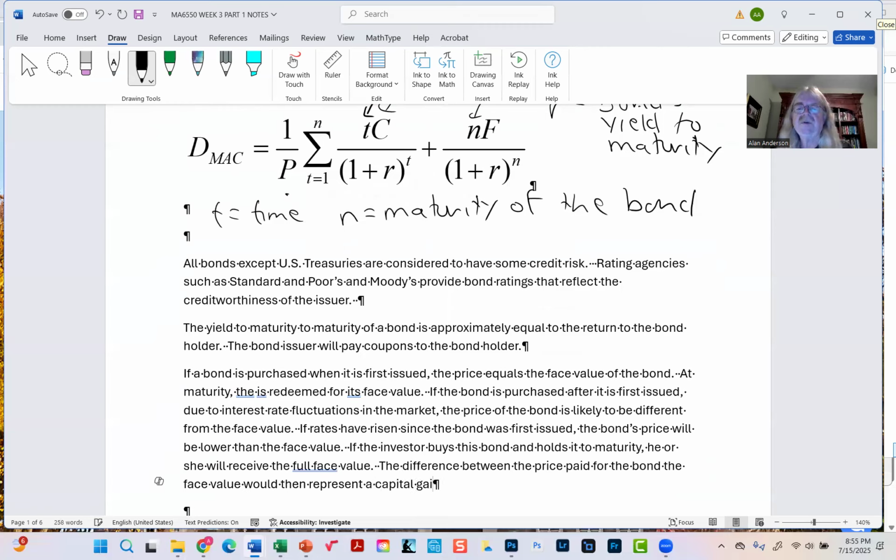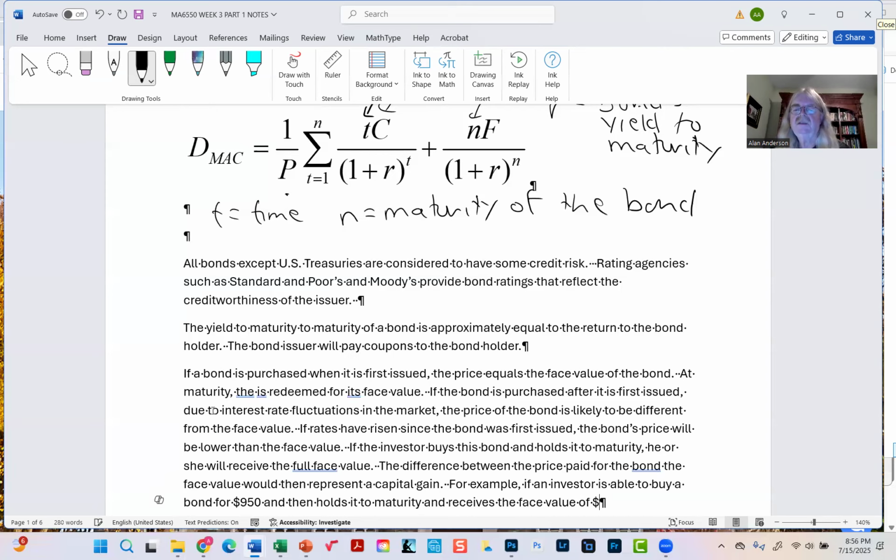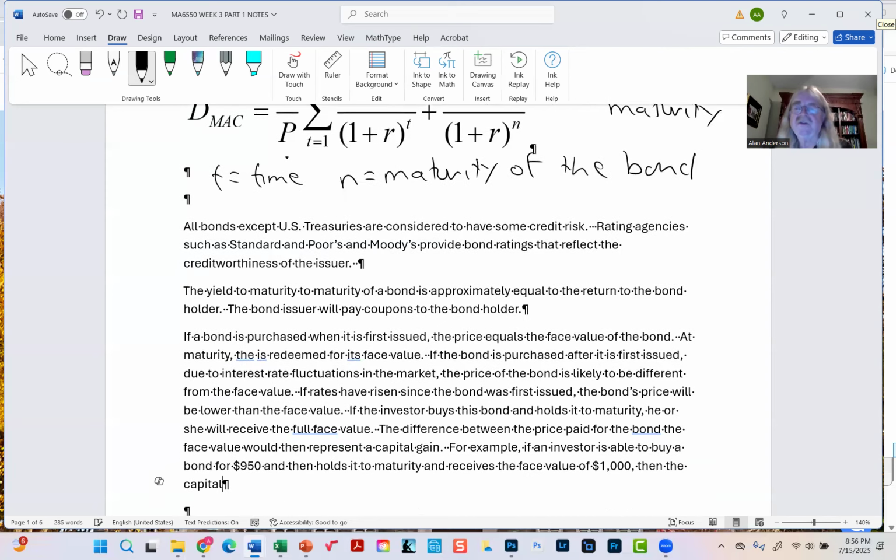Okay, so for example, if an investor is able to buy a bond for $950 because rates have been rising since the bond was first issued, and then holds it to maturity and receives the face value of $1,000, then the capital gain is, of course, $50.